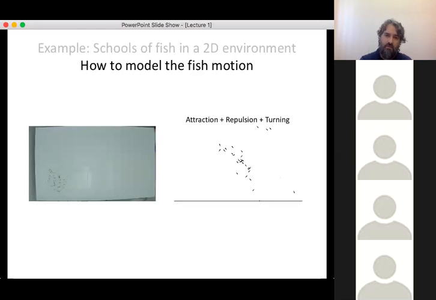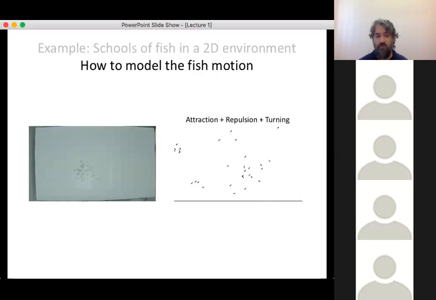I'm not saying that these are good simulations. I'm just saying this is the way you think when you try to make such a comparison between experiments and a simulation model. You have certain ingredients in the model. You try to get it to be as similar as possible to the experiment you want to model.